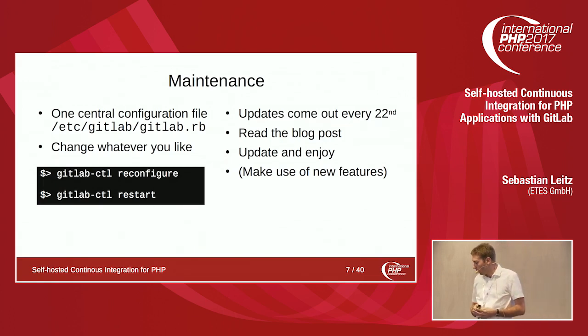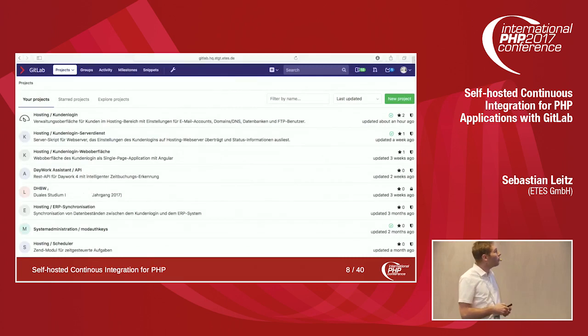So, okay, that was very technical now. This is GitLab. It works in your browser, so it's very modern. You have a list of projects that you might be associated with, some toolbar icons like how much work you have to do. If it's counting higher and higher, you might start to look at your backlog.